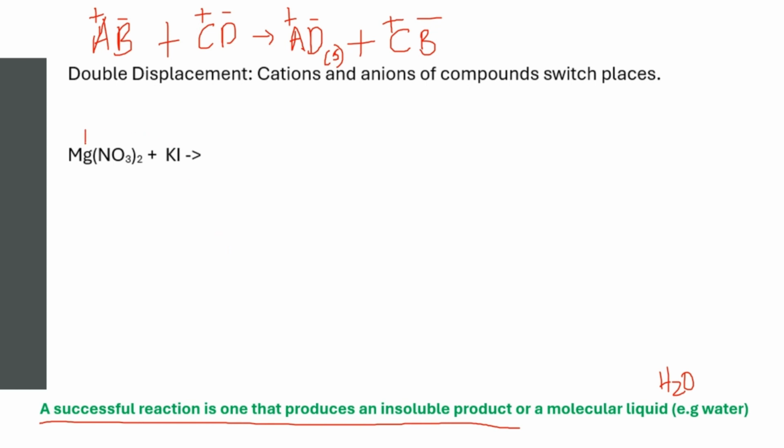Again, this is positive, negative, and then positive, negative. Nitrate is a polyatomic ion that has a charge of -1. So if we were to do the double displacement, we can predict the products to be MgI2, magnesium iodide, plus KNO3.